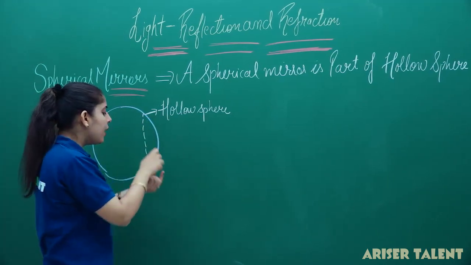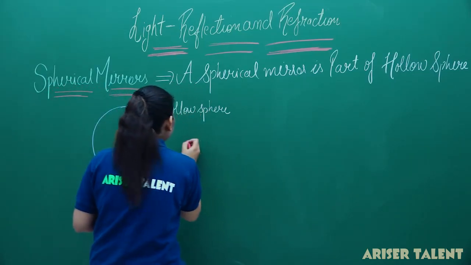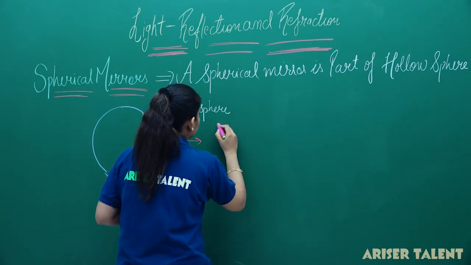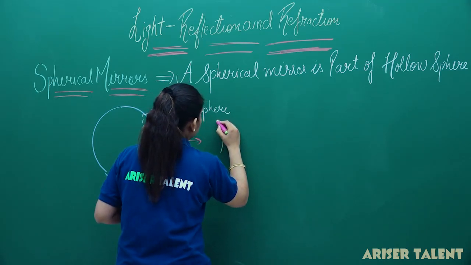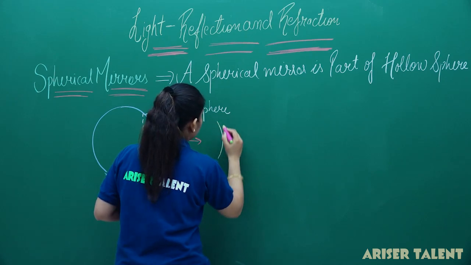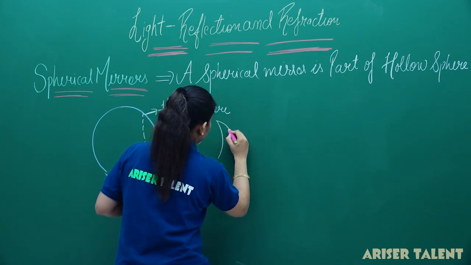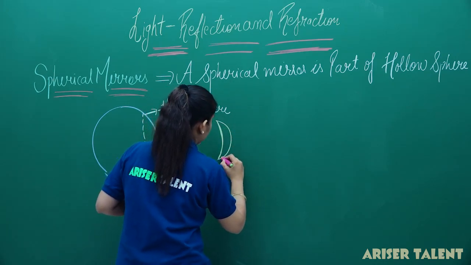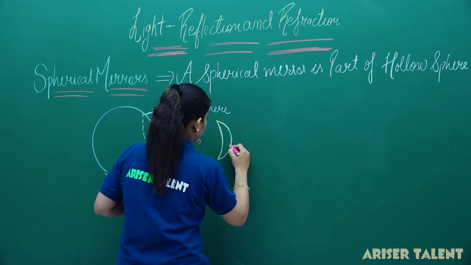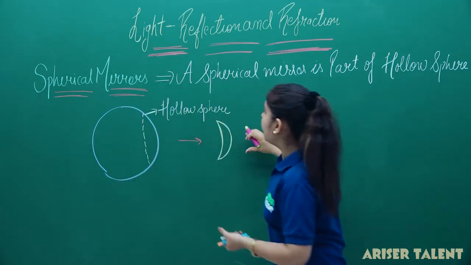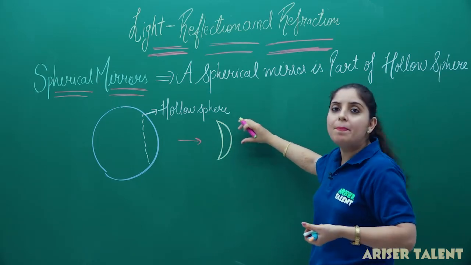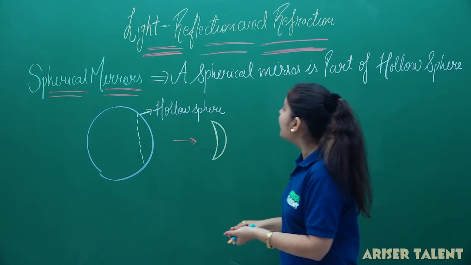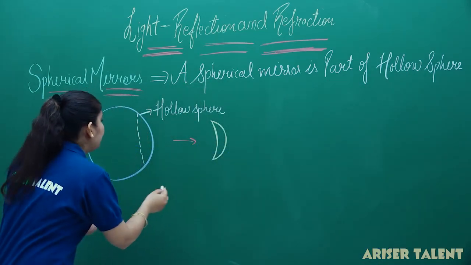What will I get here? We will get this part. You can see that we will get a part like this. If I cut the part from the sphere, I will get this part, and the remaining part of the sphere can look somewhat like this.